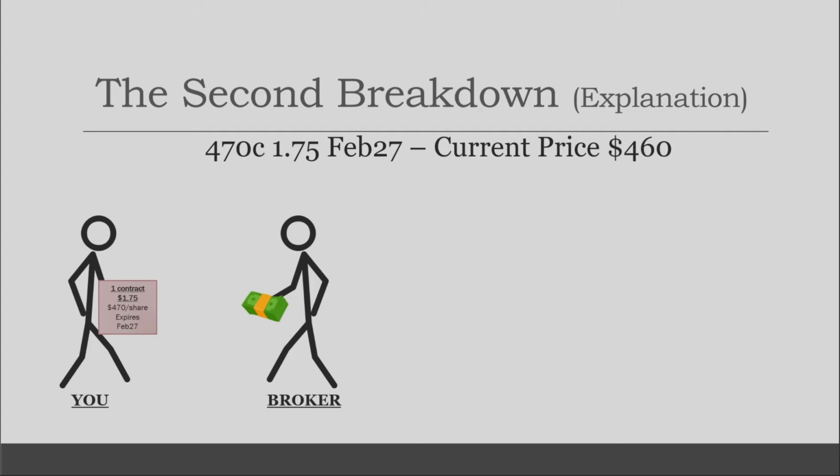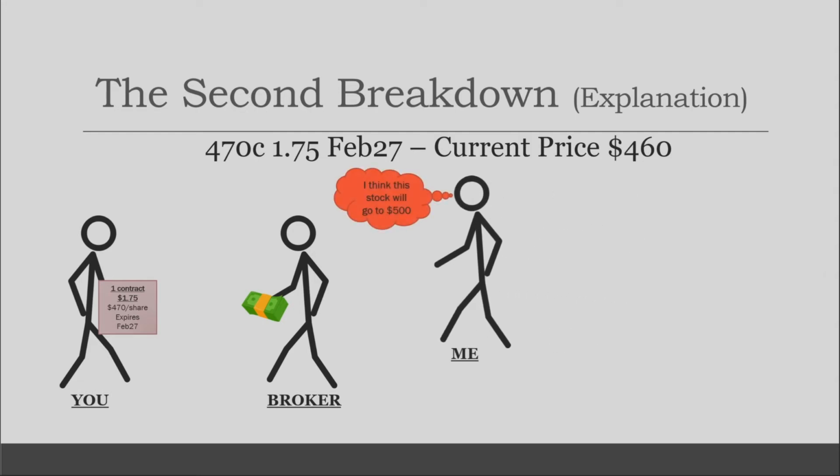Let's say today is February 1st, and on February 6th, the price was now $470. Let's say on that day, I come along and I think that this particular stock will go to $500.